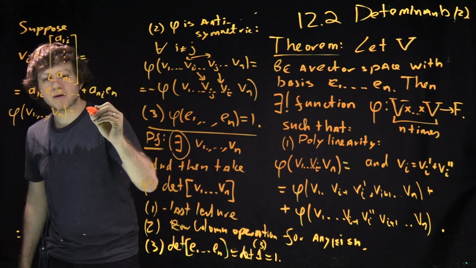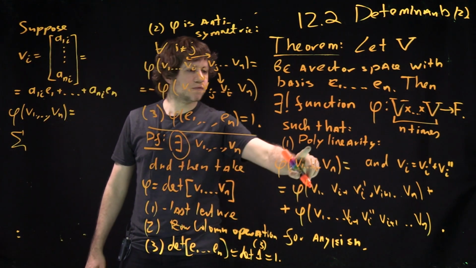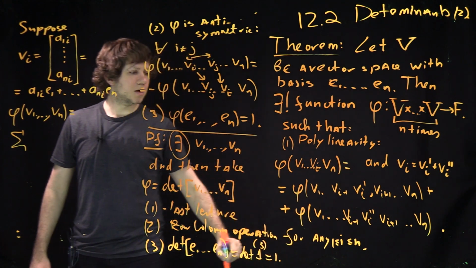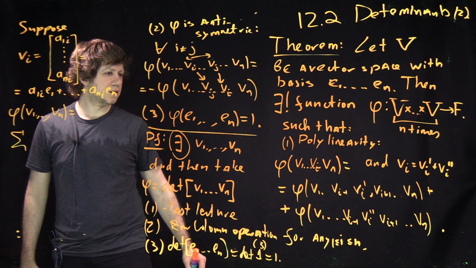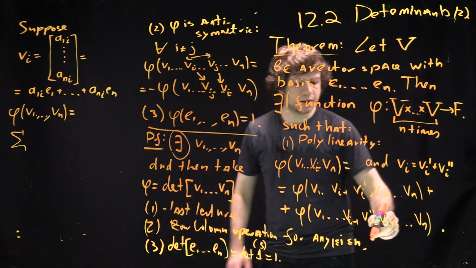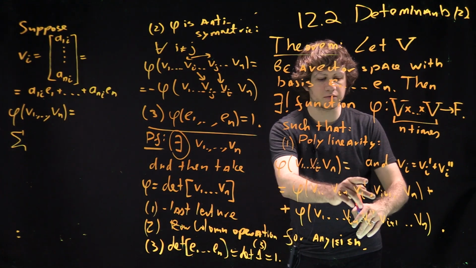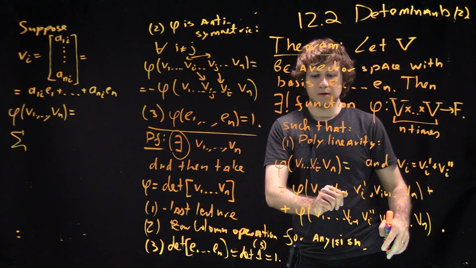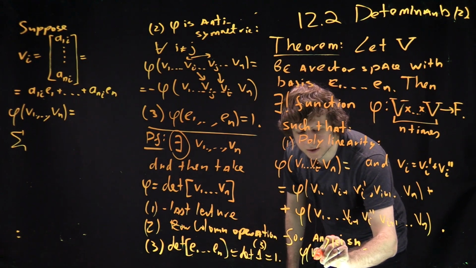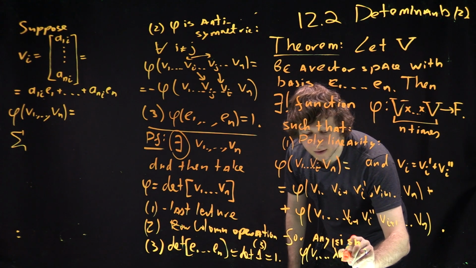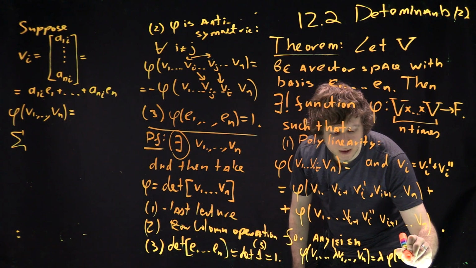So this equals the sum, and let's apply this formula and the first property, polylinearity. There is another property, which says that phi of v1 to lambda vi to vn is lambda times phi of v1 to vn.